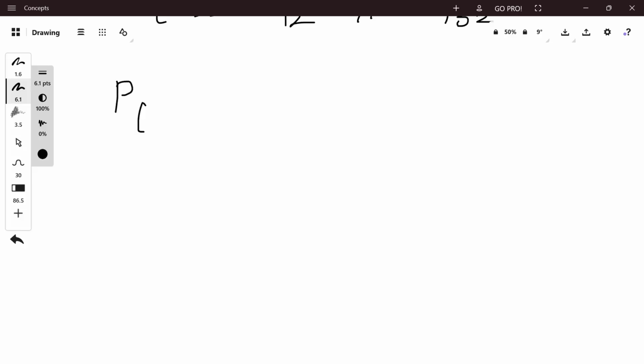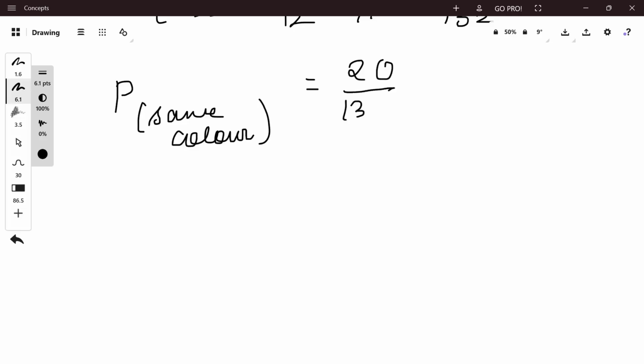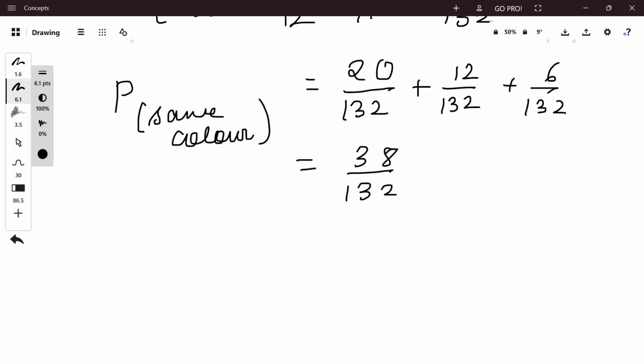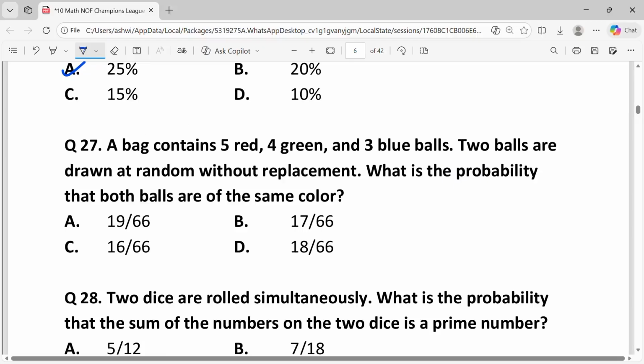That is, probability of getting a same color is equal to 20 upon 132 plus 12 upon 132 plus 6 upon 132, that is equal to 38 upon 132. Simplifying the fraction, that is equal to 19 upon 66. From the given options, the answer is A, 19 upon 66.